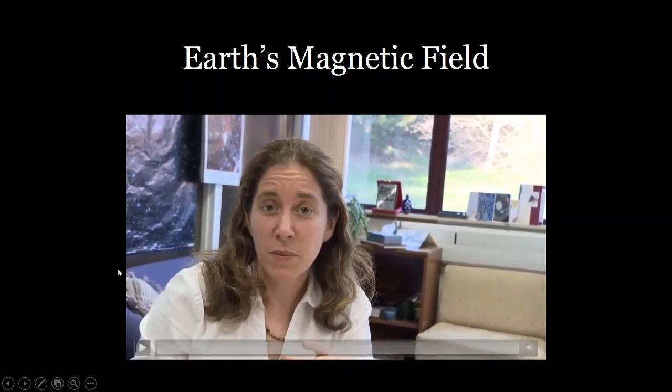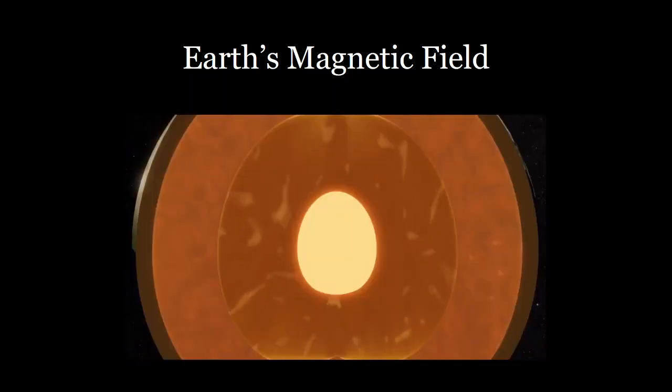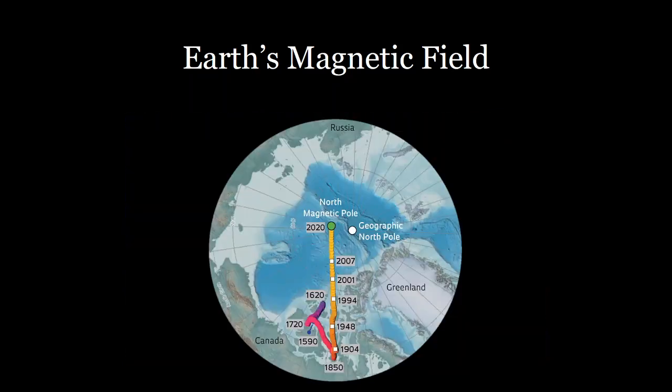Yeah, so the Earth is pretty cool and forms its own magnetic field because of the movement of that outer core material. Additionally, the location where those magnetic field lines come out of the Earth, also known as the magnetic North Pole, has been moving.